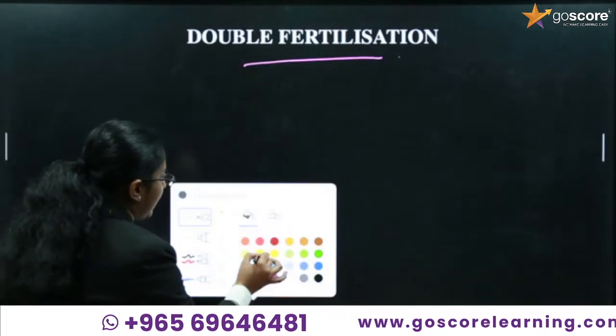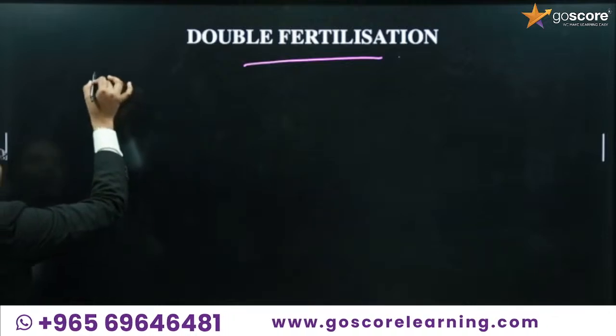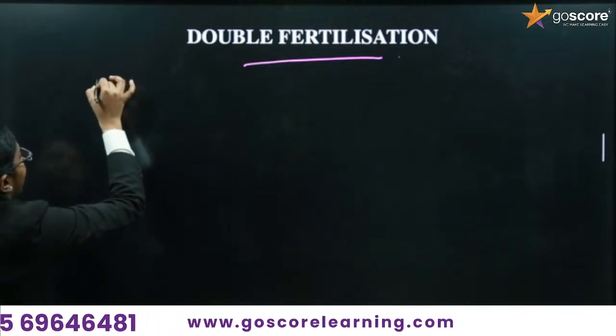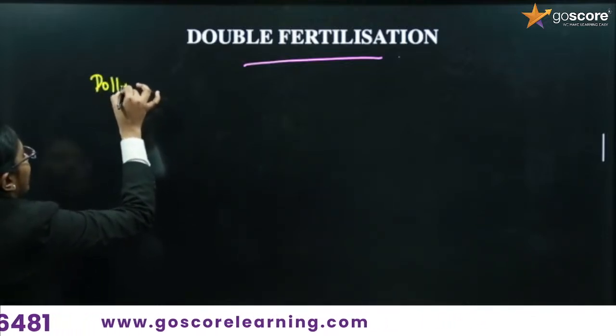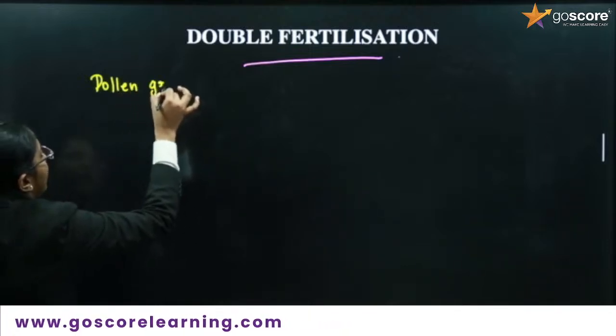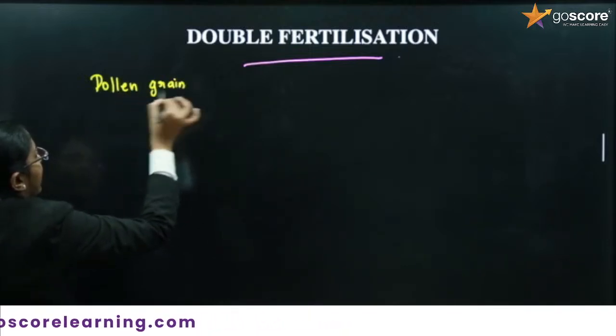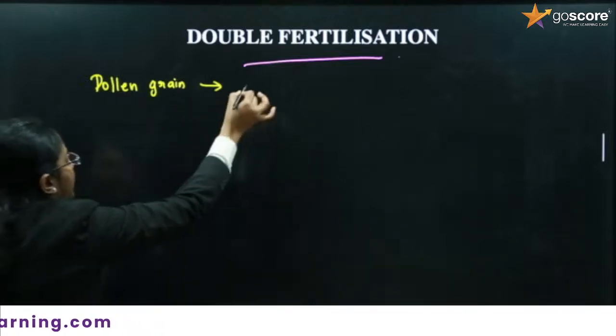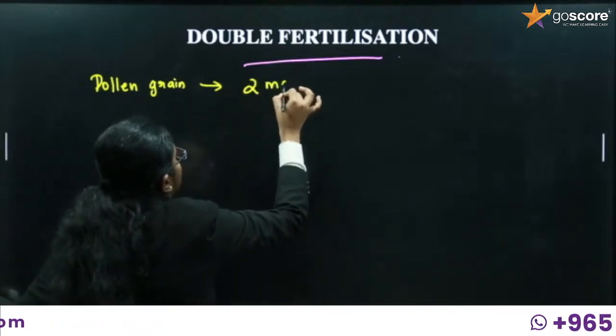Fertilization occurs. For a pollen grain, how many male gametes will be present? Two male gametes will be present.